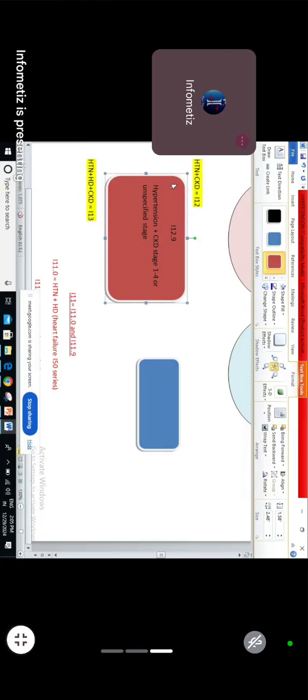The code range is N18.1 to N18.4 and N18.9. Can you understand what N18.1 is? N18.1 is stage 1, N18.2 is stage 2, N18.3 is stage 3, N18.4 is stage 4, and N18.9 is the unspecified stage.